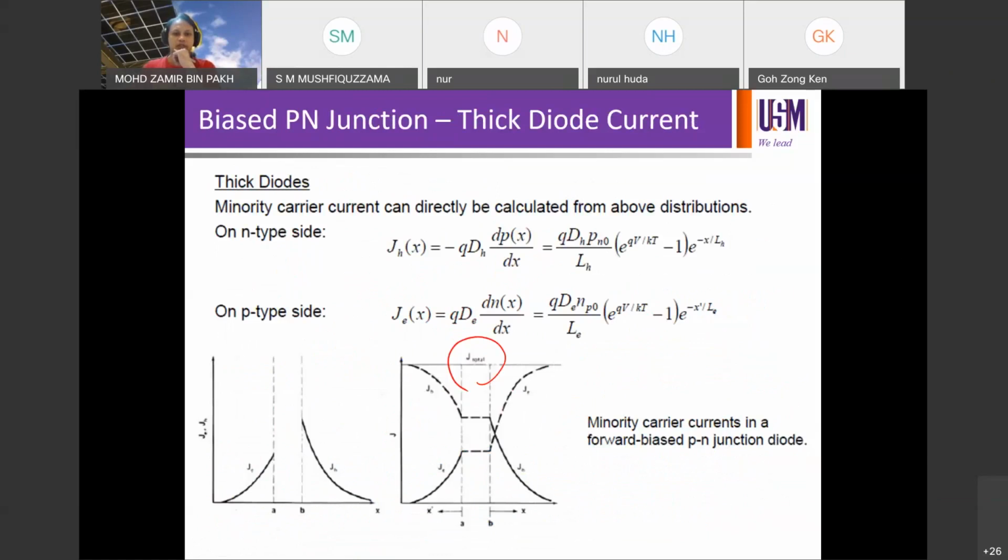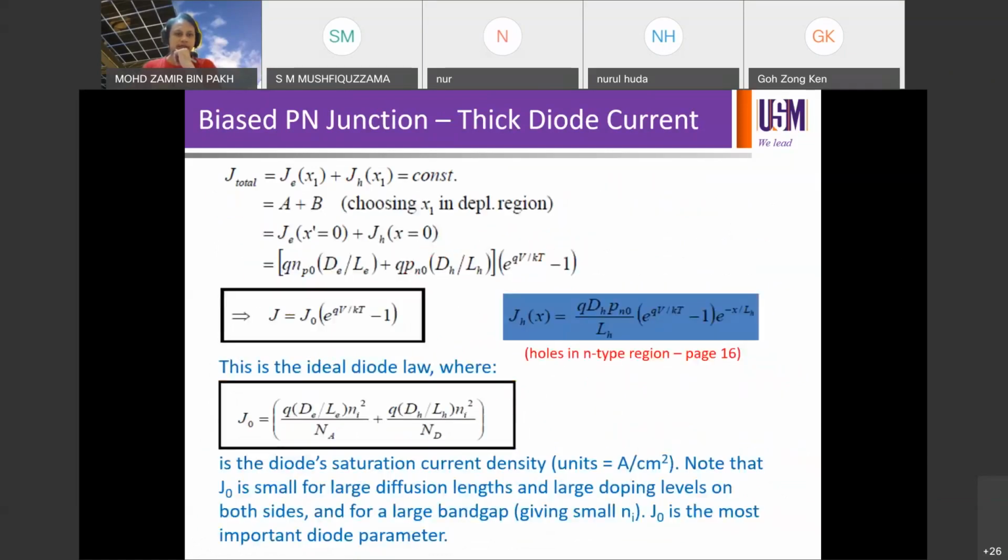You can see on this page, J_EX and J_HX, and that is given by this Q and P naught times D over L for electron plus Q P and naught plus D over L for holes, times exponential of QV over KT minus 1, right?